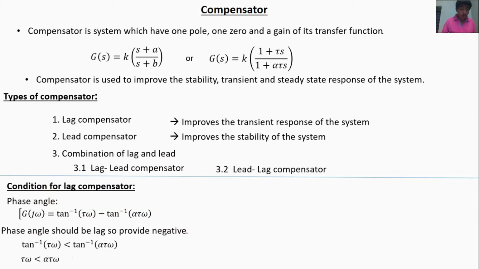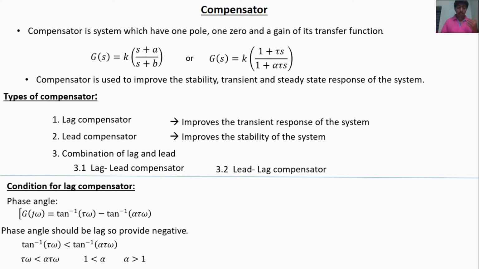So tau omega should be less than alpha tau omega. Cancel tau omega, you will get 1 less than alpha. That means alpha greater than 1. If alpha is greater than 1, this term will be higher than this term, so the phase angle will be negative. This is the condition for the compensator to act as lag.